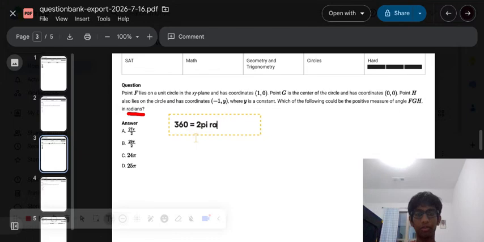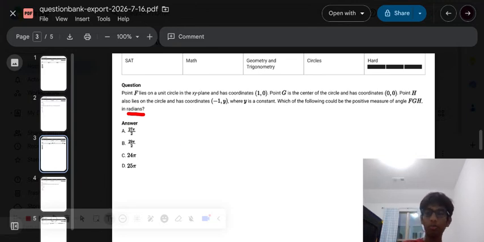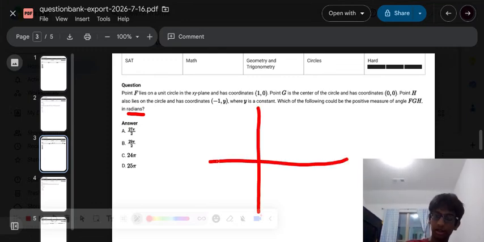Okay, now we need to solve this problem, but remember, as I said earlier, whenever you approach a problem that has coordinate planes, or usually any type of geometry problem, whenever possible, try and make a coordinate plane. So we have point F on the unit circle with coordinates 1, 0.